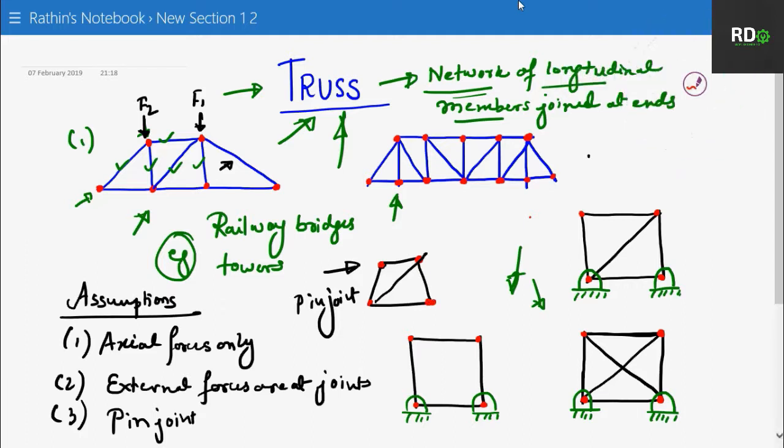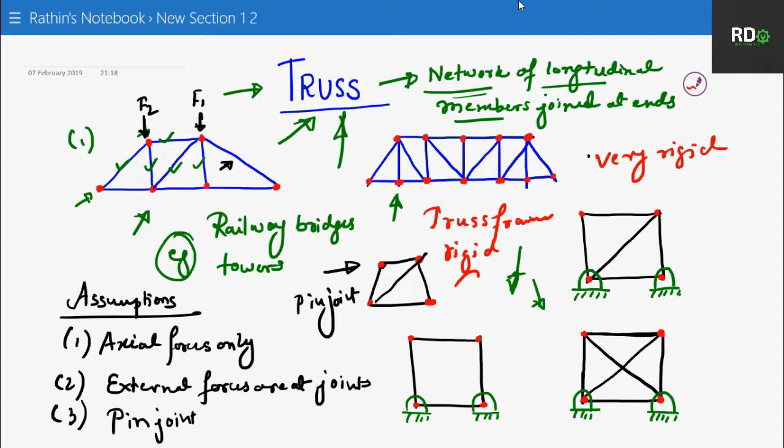So here arises the concept of whether the truss frame is rigid, very rigid, or less rigid. It can be a rigid structure by joining all the members one after another, and it can be less rigid or highly rigid.